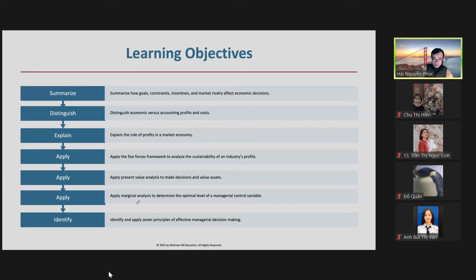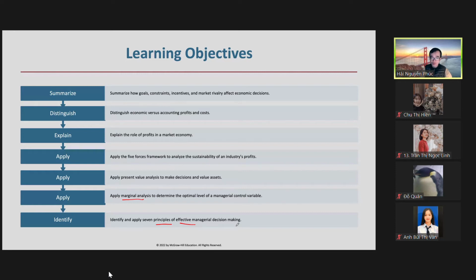Okay. Measurable analysis. And lastly, we're going to identify some principles of effective managerial decision making. So in general, we are going to talk about the goal of the firms.